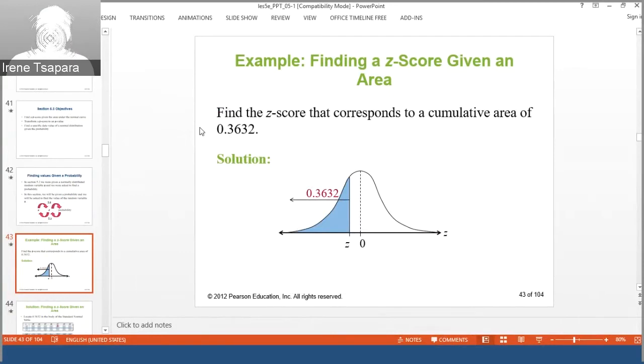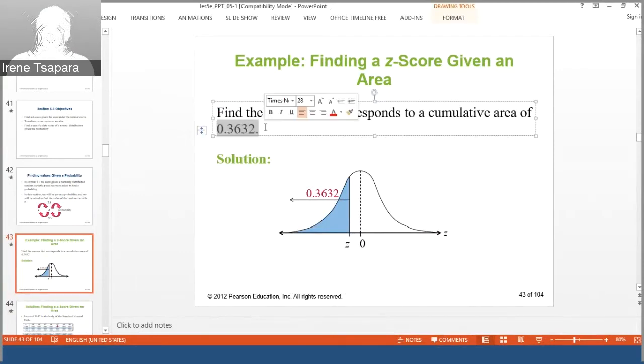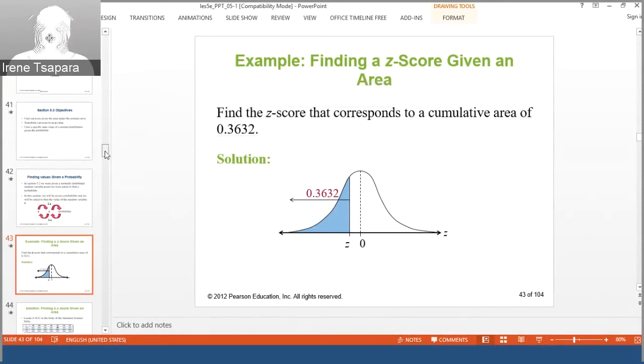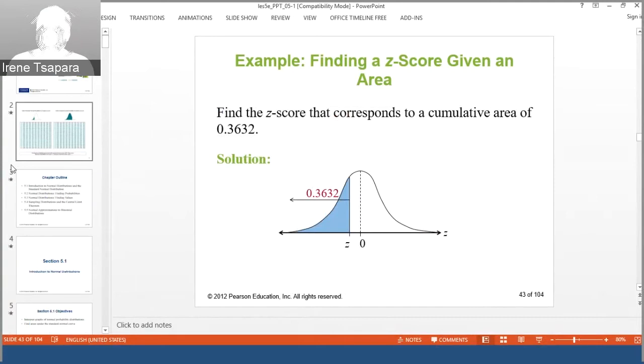So now we have the cumulative area, or we have the probability for something to happen, and we are looking to see what is the z-score, or what is the x value for the specific distribution that we are looking for. Again, we will be working with the z-score table.